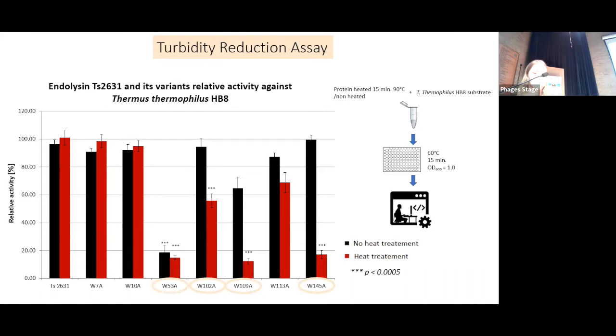But we also observed that tryptophan at position 53 has lower relative activity even at 60 degrees Celsius, though the melting temperature of this protein is very similar to the wild type enzyme. So it interested us, and we wanted to perform more experiments, especially for this variant.